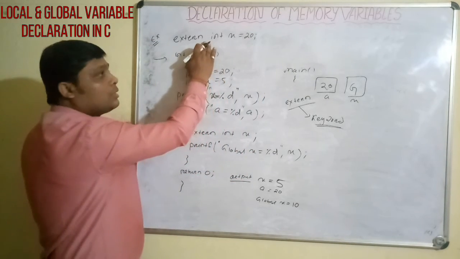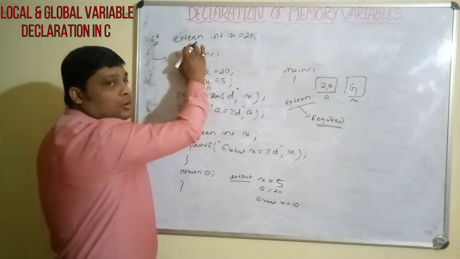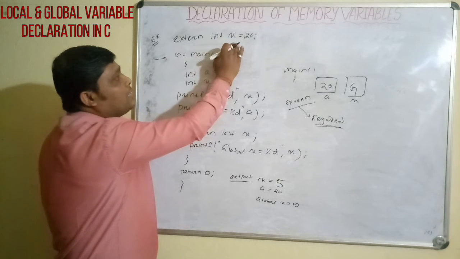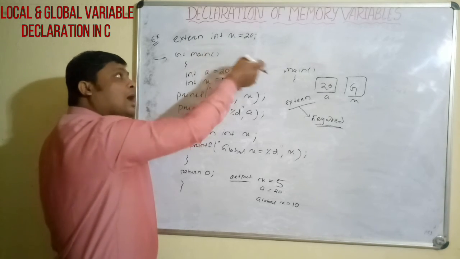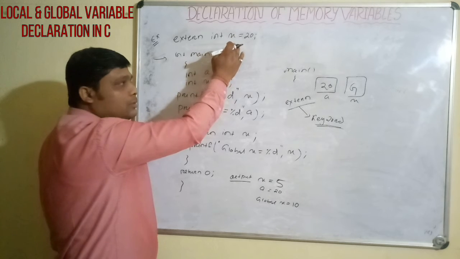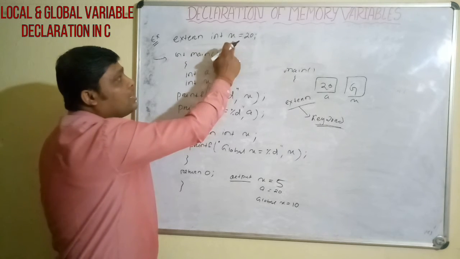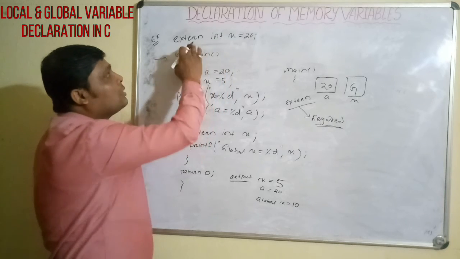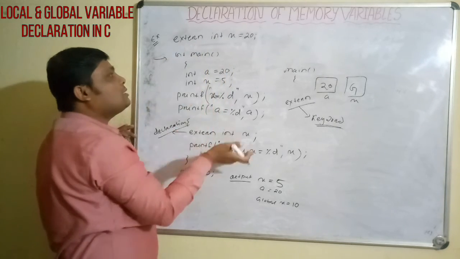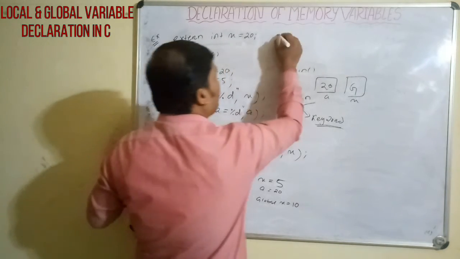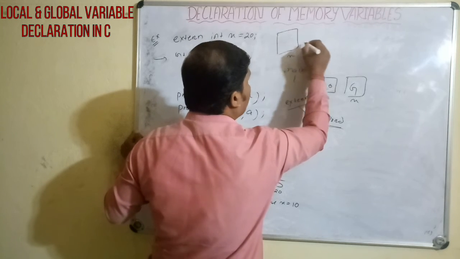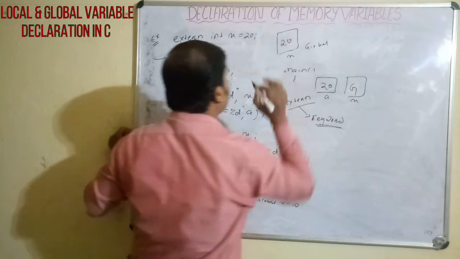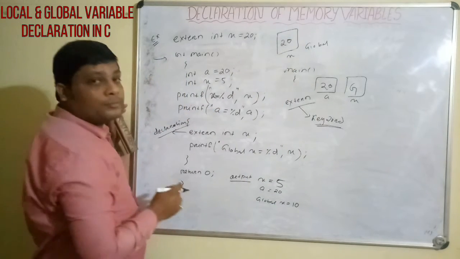Extern means global variable. Now x becomes the global variable. It is both declaration and definition, because I have initialized it. At the time of declaring, I am initializing the external variable. That means memory will be allocated for this x. This is the global variable, and it will be initialized to 20. Clear?